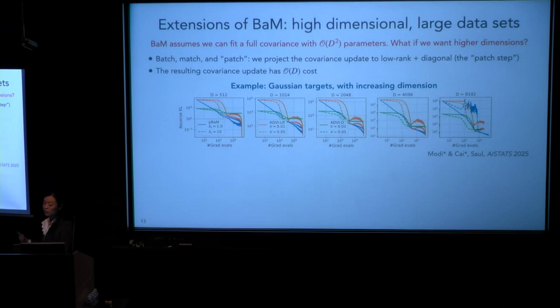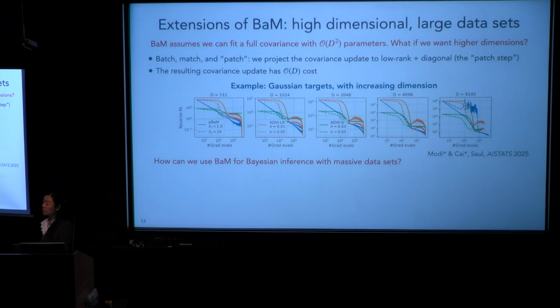But if we want to go to much higher dimensions where d-squared is suddenly too expensive, we propose a batch, match, and patch algorithm, where we now project our covariance update to something that's low rank plus diagonal. This is something that we call the patch step. And the resulting covariance update is now linear in D. We demonstrate this on a lot of large-scale, high-dimensional problems in a recent AI stats paper.